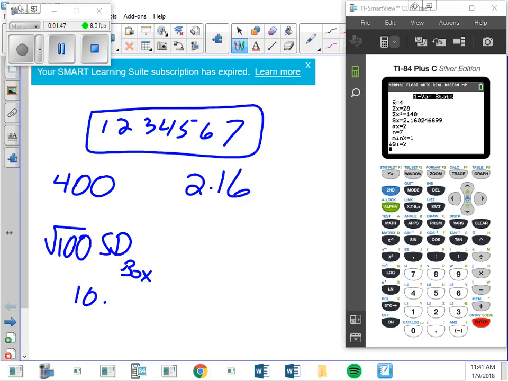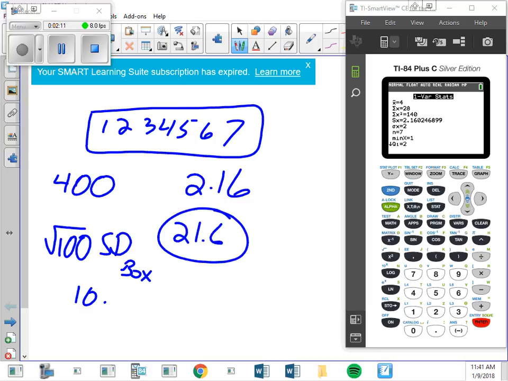So the numbers in the box are 2.16 units away from 4 on average. Okay, but I don't multiply that by 100 because the percent error actually goes down. So I multiply it by the square root of 100, which is 10. 10 times 2.16 is 21.6.